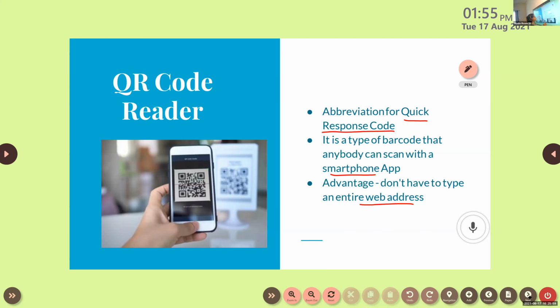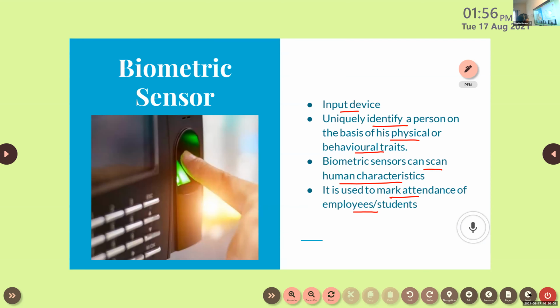What is the advantage of this? We don't have to type the entire web address. This is biometric sensor, which is used for identifying a particular person with his physical or behavioral traits. Mainly it is used to mark the attendance of employees.